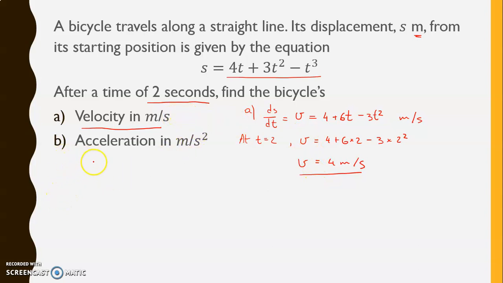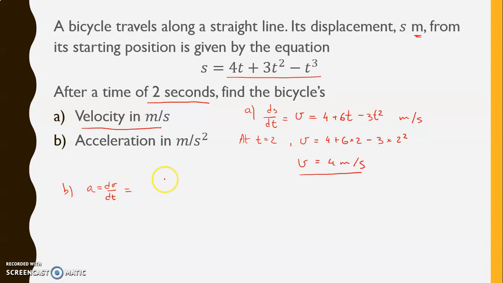In part B, we want to find the acceleration after a time of 2 seconds. Alright, so acceleration is actually the derivative of the velocity, the change in velocity with respect to time.